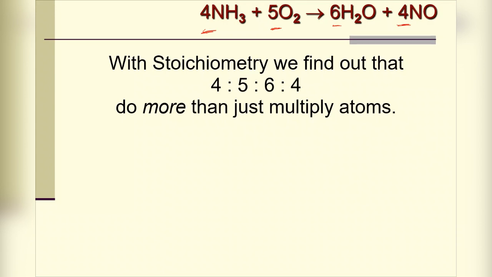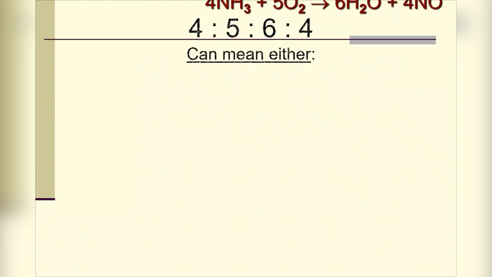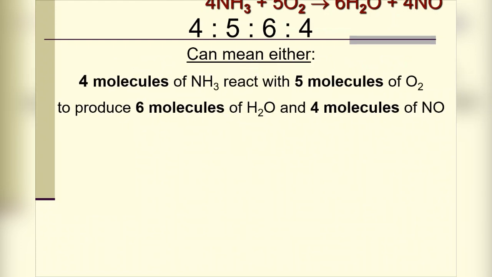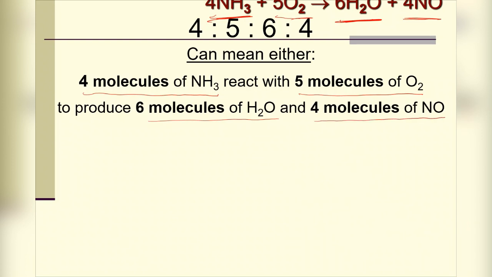It is more than just multiplication. 4, 5, 6, 4 means 4 molecules of NH3 react with 5 molecules of oxygen to produce 6 molecules of H2O and 4 molecules of NO. One more time, 4 molecules of ammonia react with 5 molecules of oxygen gas to produce 6 molecules of water and 4 molecules of nitrogen monoxide.